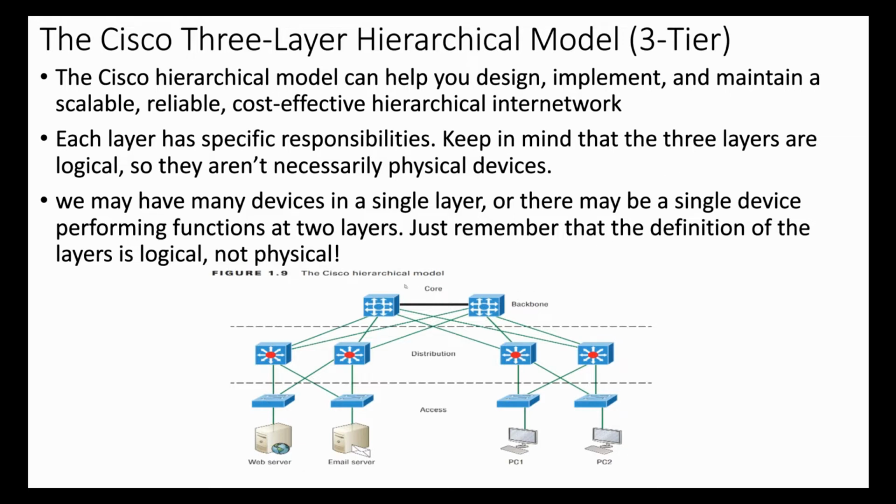So Cisco maintains a three-layer hierarchical model. They call it three-tier also. As you can see in the diagram, the topmost layer is the core layer, where you find routers, firewalls, and backbone routers. In the distribution layer, you can find multilayer switches, where it performs ACLs.